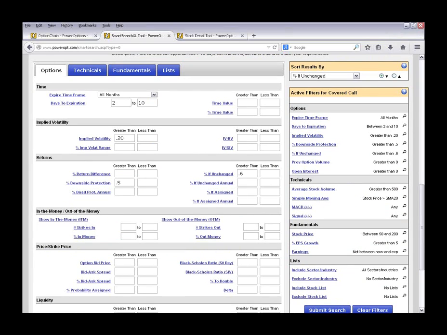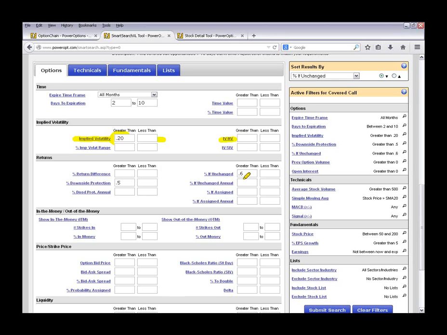So now we can screen specifically for our implied volatility number, and what number would I use? Well, if you're interested in taking more of an aggressive position with selling your positions, and you wanted to look for what you'd consider a high IV, remember that we saw earlier our average IV across the market right now is 0.59, so you might want to look for a range that's greater than 0.60 to see options that are higher than the average across the market.